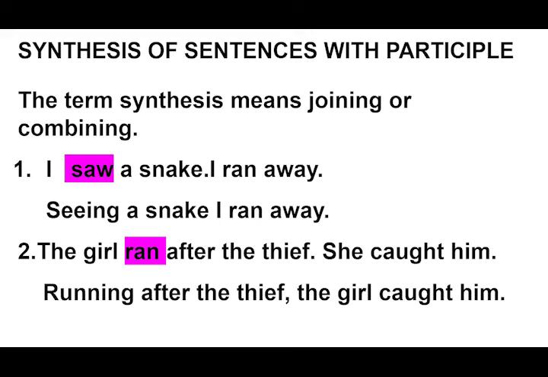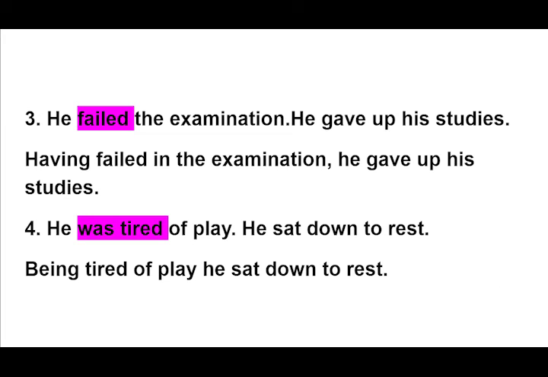Now look at the second sentence. The girl ran after the thief. She caught him. Here the verb is run. Present participle ing is added to the verb run. That is, running after the thief, the girl caught him. Now look at the third sentence.